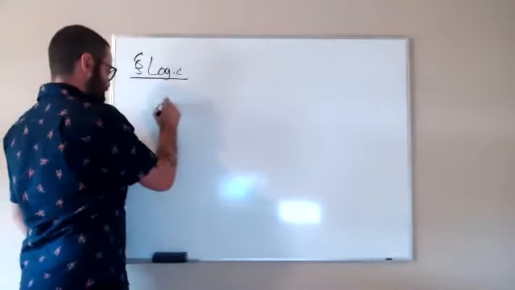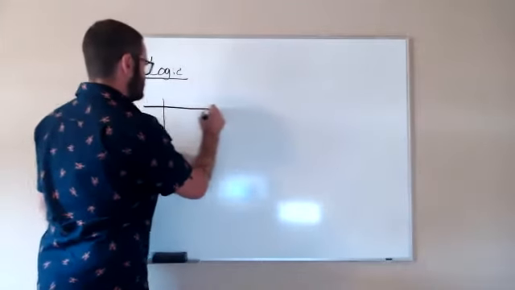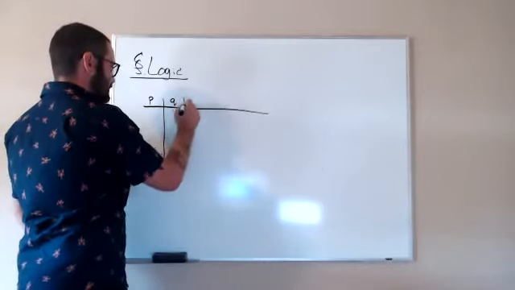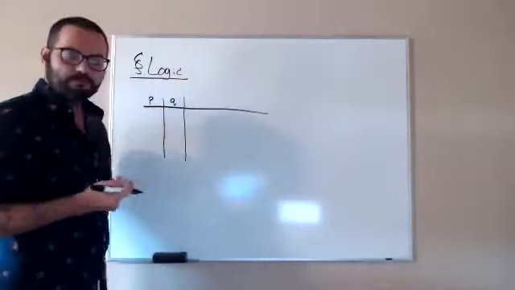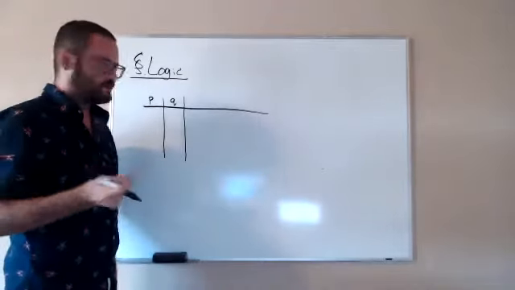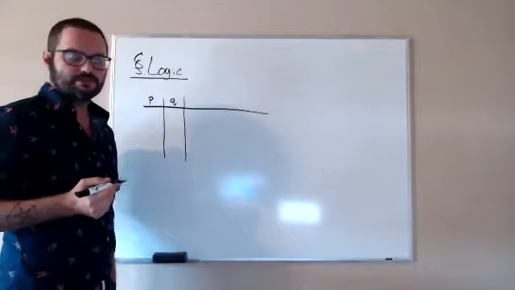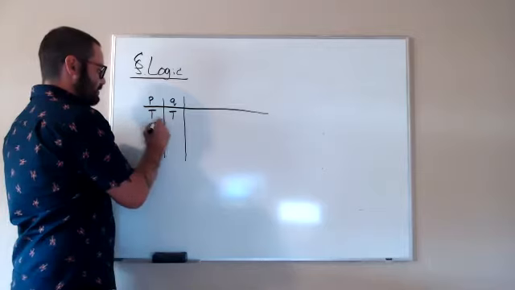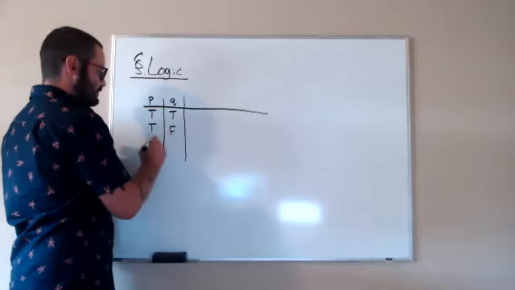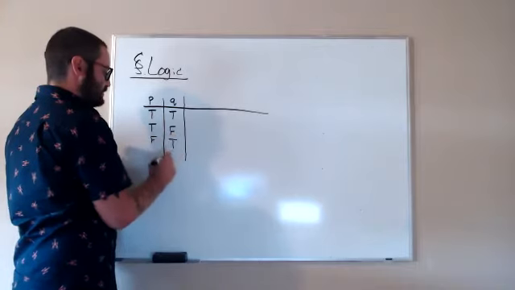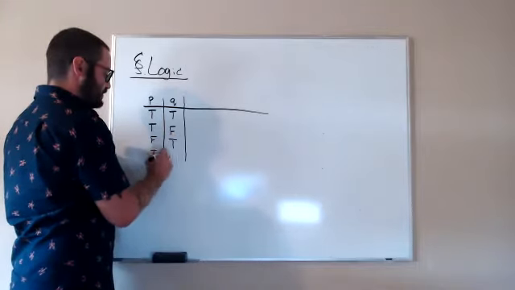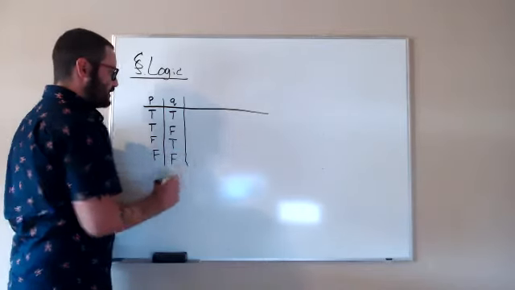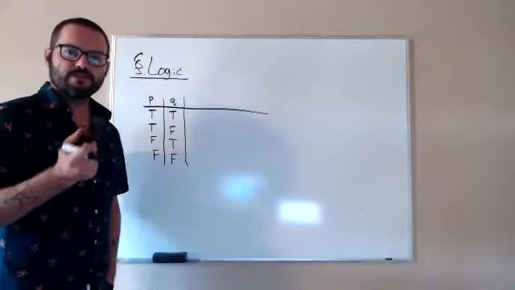So, P, Q. So there are possible combinations of truth and false when you have two separate propositions. So they can both be true, right? P can be true, Q can be false. P can be false, Q can be true, and then they can both be false. Okay? And those are all the possible combinations of true and false between these two propositions.